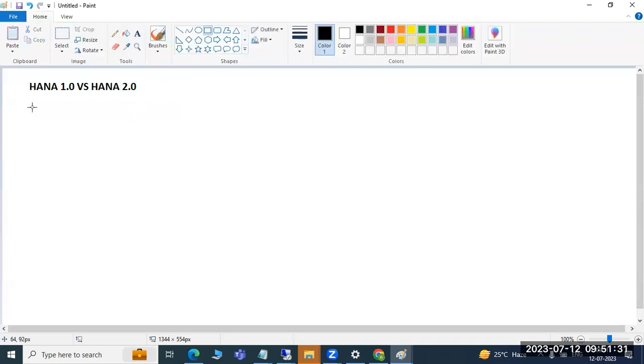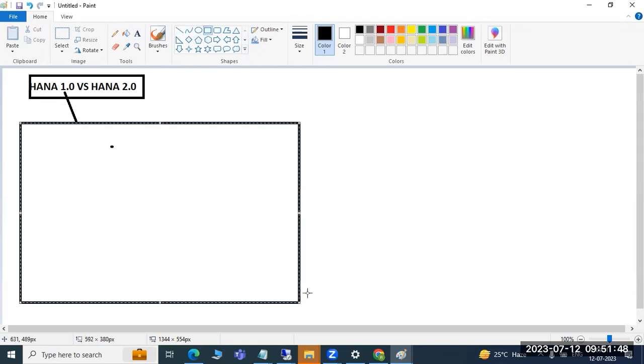Before we go to HANA 2.0, we should first understand HANA 1.0. So what is HANA 1.0? One means single container. When you install it on top of your operating system, everything we have to install on top of the operating system only.